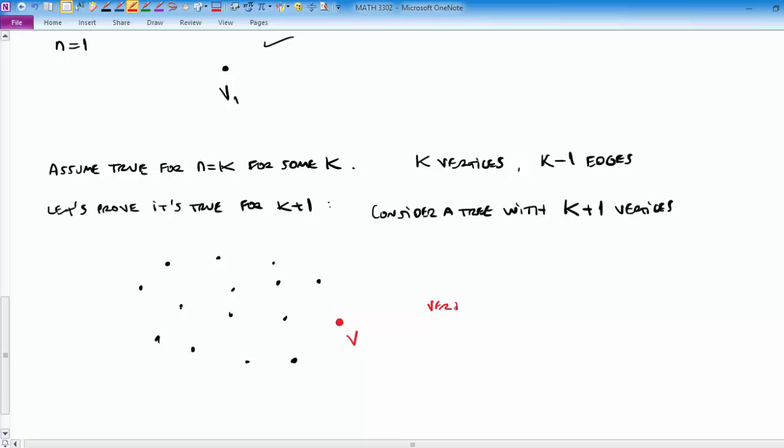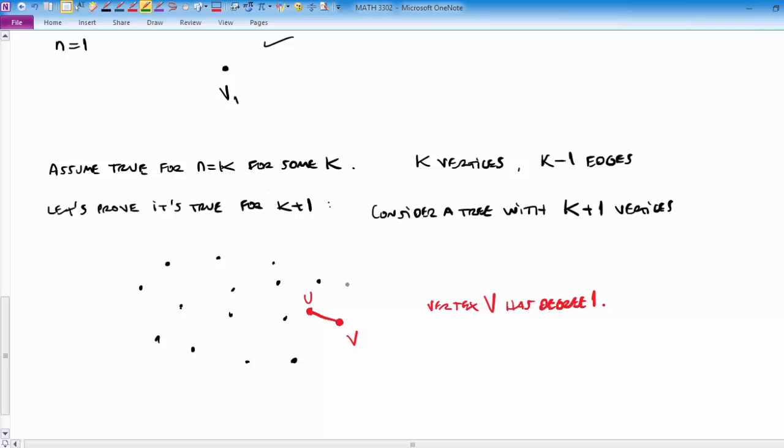Again, this is possible because of the previous theorem that says that any tree with two or more vertices has two vertices of degree 1. Now, since V has degree 1, it has an edge connected to another vertex, let's say U.